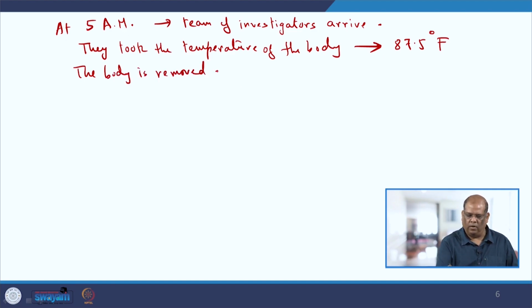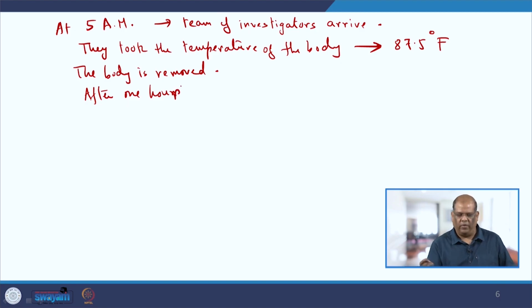Then the body is removed, and after 1 hour, when the body is to be shifted somewhere, they again took the temperature and it is 80.4 degree Fahrenheit.